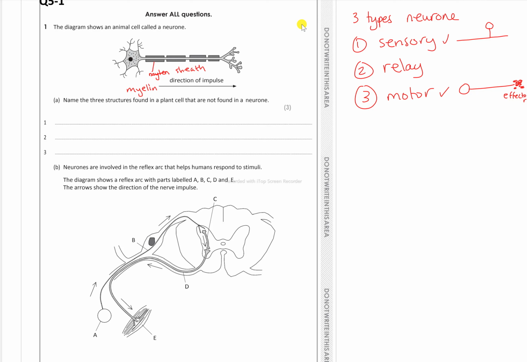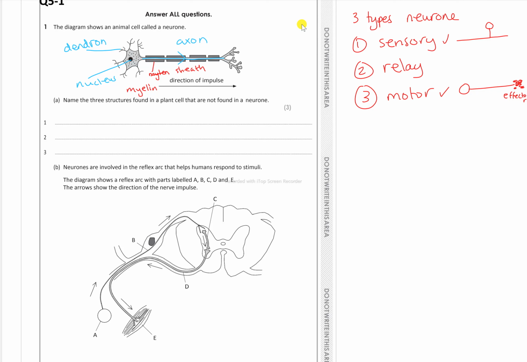Myelin sheath. The signal is going to travel in that direction away from the body. That will be called the axon. That there is the nucleus, and these are the dendrons, dendron and dendrites. Just stick to dendron.